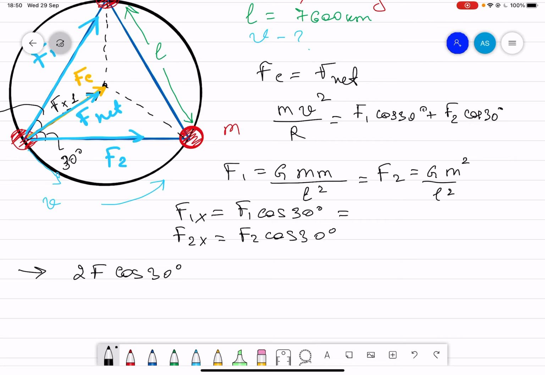Now our F is equal to 2 times G M squared over L squared times cos 30 degrees.